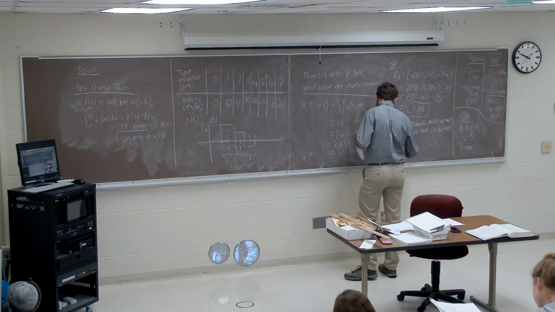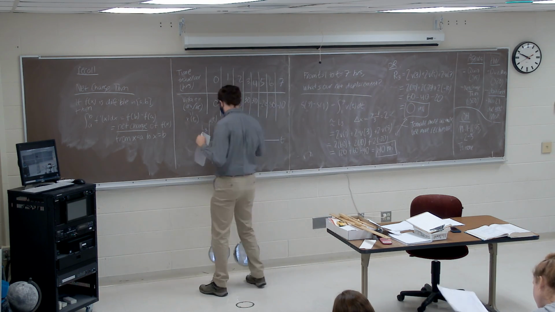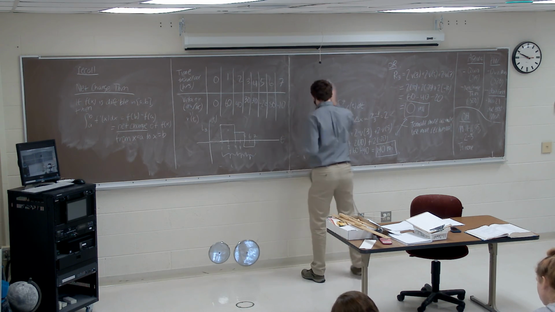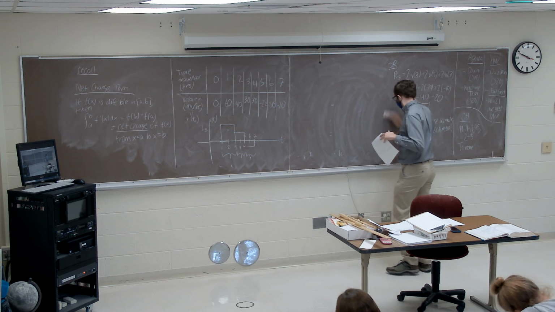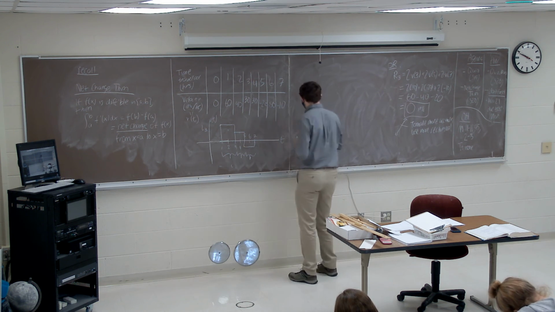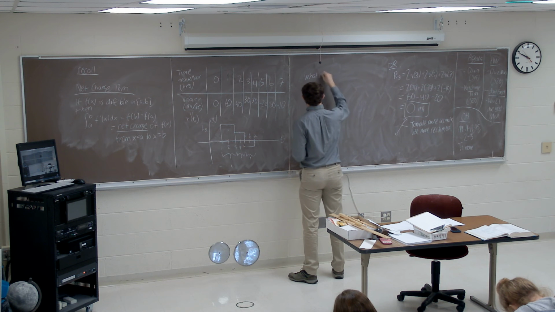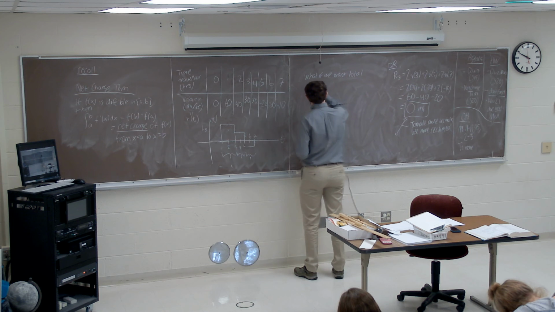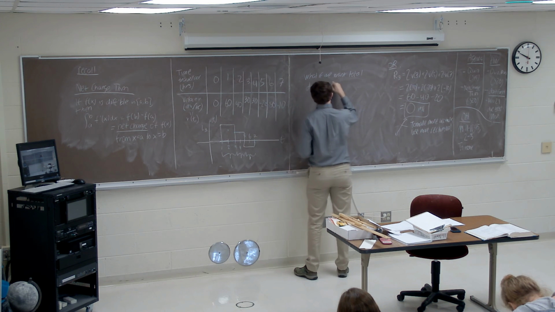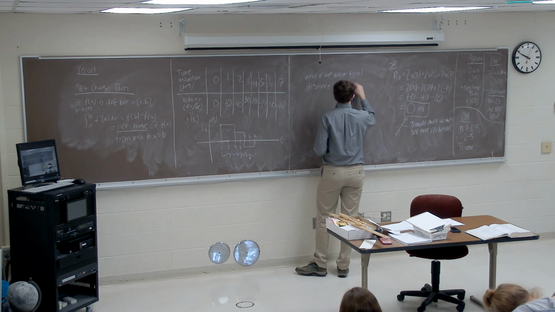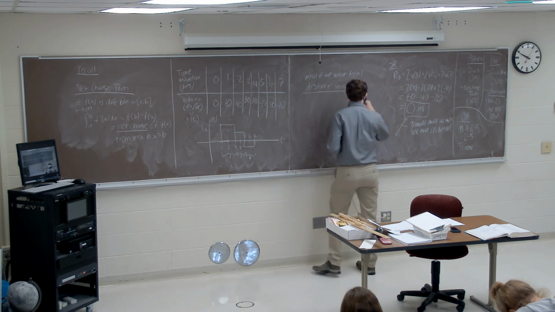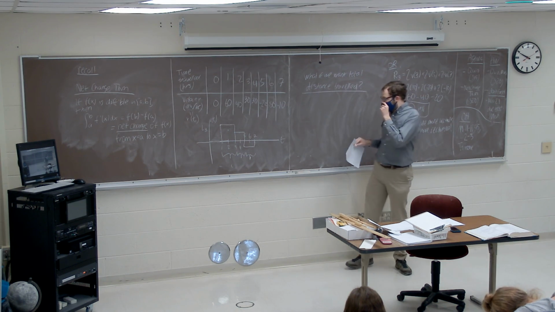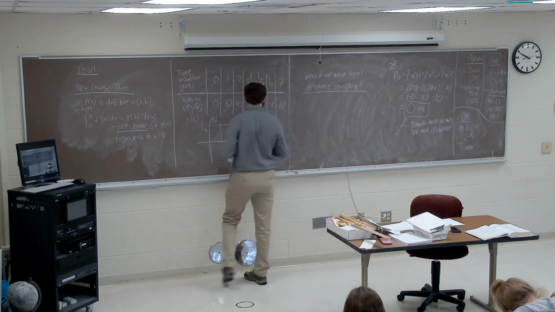So I'm on kind of this last page of the packet again. So for earlier, for L3, we took 2 times v of 1 plus 2 times v of 3 plus 2 times v of 5.